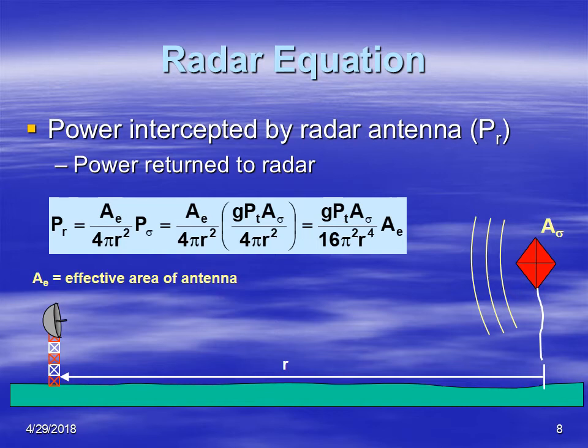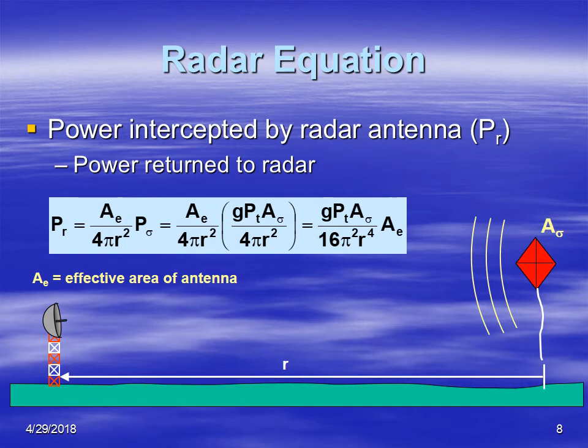As it travels that distance, the power density is getting weaker and weaker based on the inverse of the square of that radius. Very similar to when we talked about the radar sending out a pulse towards the target, the same thing happens coming back.